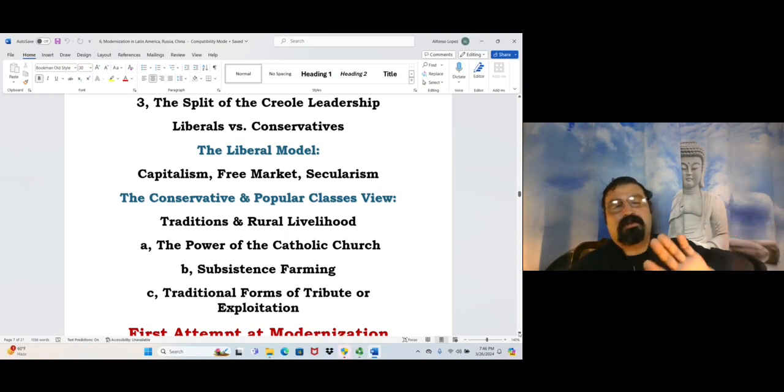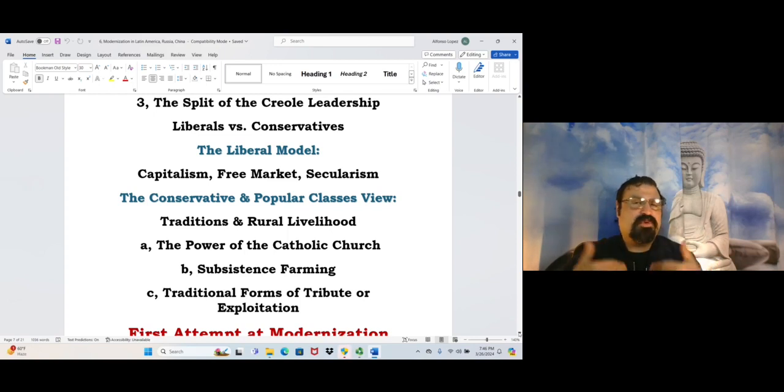They want to remove the church from politics, from the legal system, but more importantly, they want to remove the power of the church in education. They want education to be scientific. In other words, to train the new generations with the new scientific ideas of the Enlightenment, to prepare them for a technological future, in other words. And they see really the church as an obstacle in that direction.